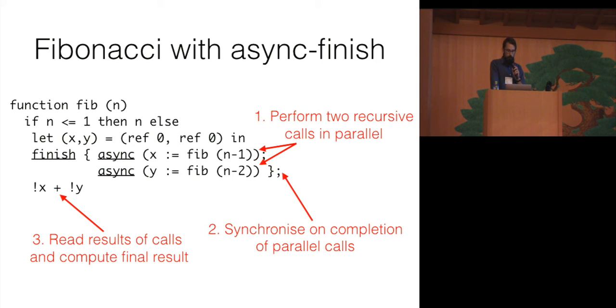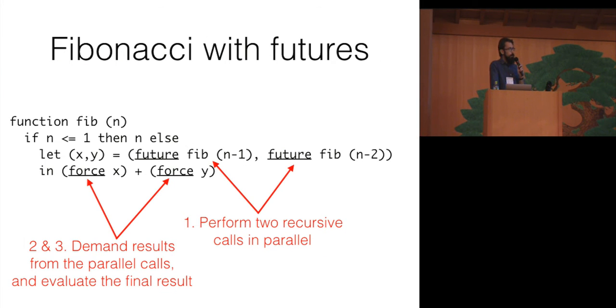Then we synchronize after all of these finish, and after the finish, we proceed with the computation further on. The third parallel primitive I would like to mention here is the old favorite in the functional community, futures. So futures simply name a part of computation and allow it to evaluate in parallel. Here we can see that we spawn the computation for Fibonacci numbers of n-1 and n-2, name these as x and y, and these can now perform the subcomputations in parallel with the parent computation.